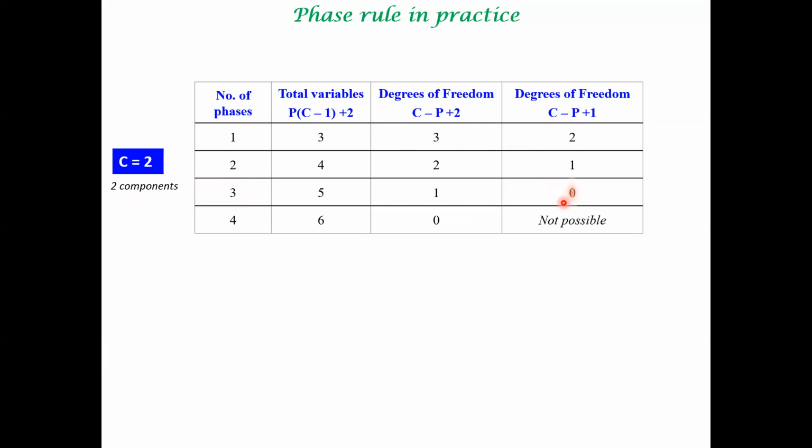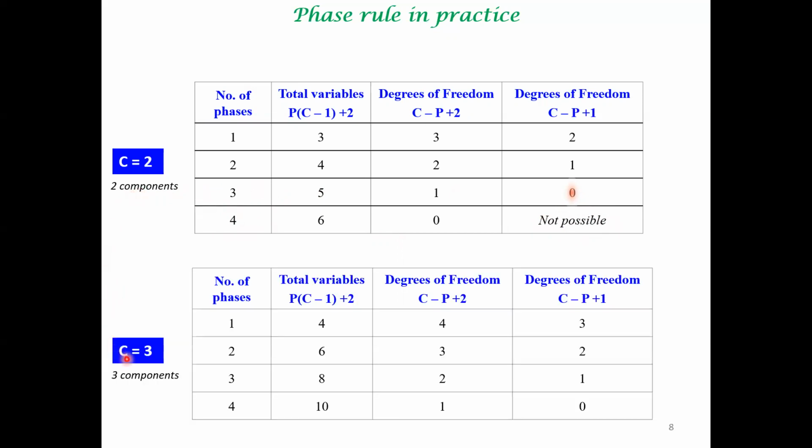And if you want the system to have 4 phases, that's not possible, because the degrees of freedom will turn out to be negative. At most, the degrees of freedom can be 0. That means for a particular system, there's one point wherein all the 3 phases are in equilibrium with each other for a 2-component system, right? So we will clarify this further in the context of a particular phase diagram in the next slide.